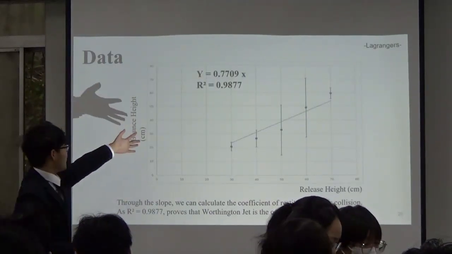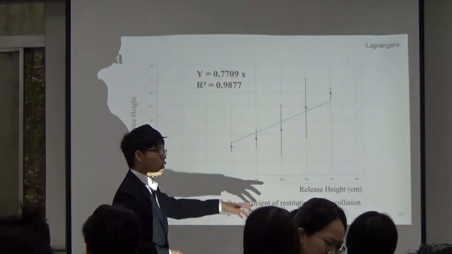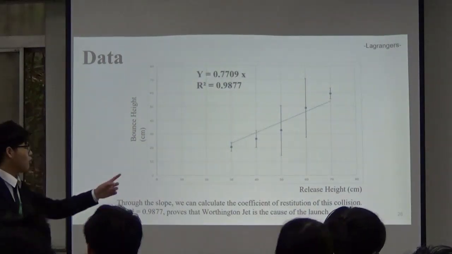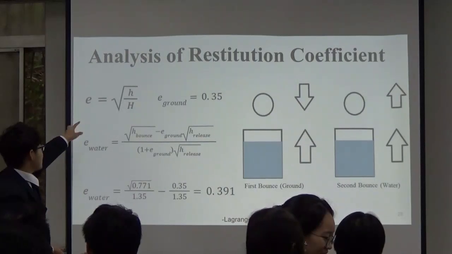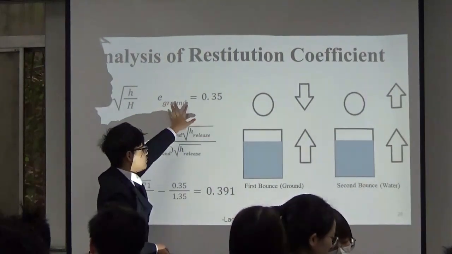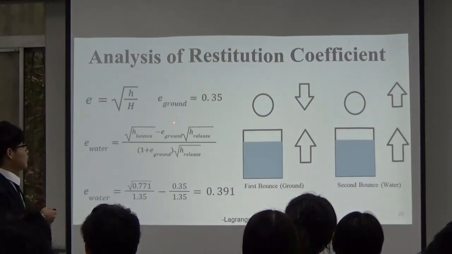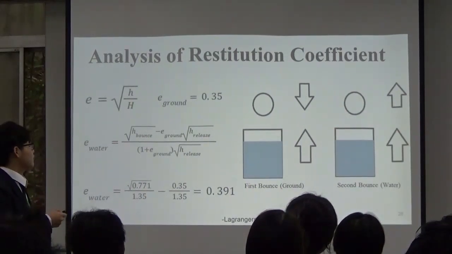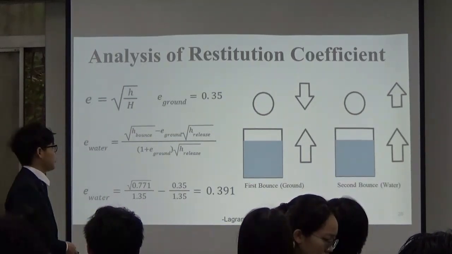So, from the slope here, we can find the bounce height and release height ratio. With this ratio, we can calculate the coefficient of restitution. So this is actually the coefficient of the ground and the container. And we did some experiments to find out that the coefficient of the ground is 0.35. So now we want to measure the coefficient of water.